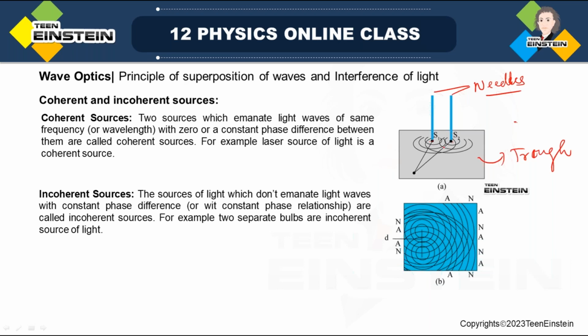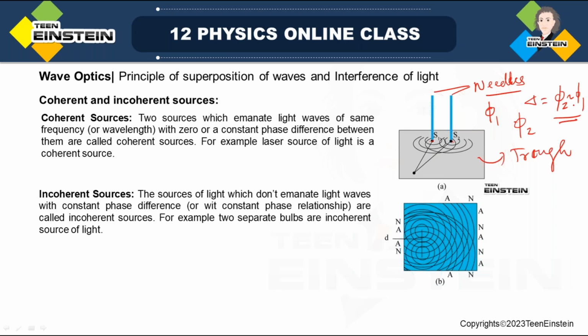Now the waves produced at these two points will have a certain, definite phase relationship. That means if one wave has phase phi 1 and another has phi 2, they will have a phase difference phi 2 minus phi 1, or phi 1 minus phi 2.